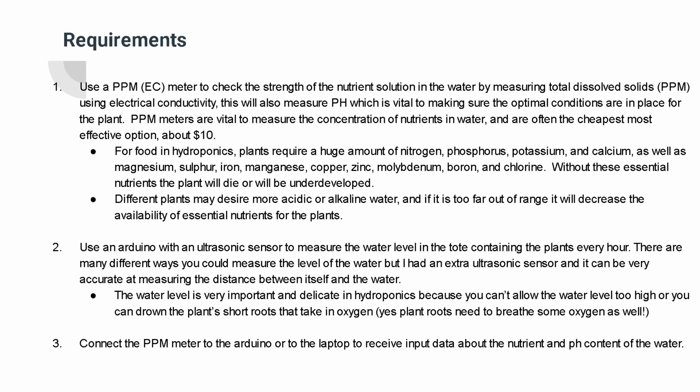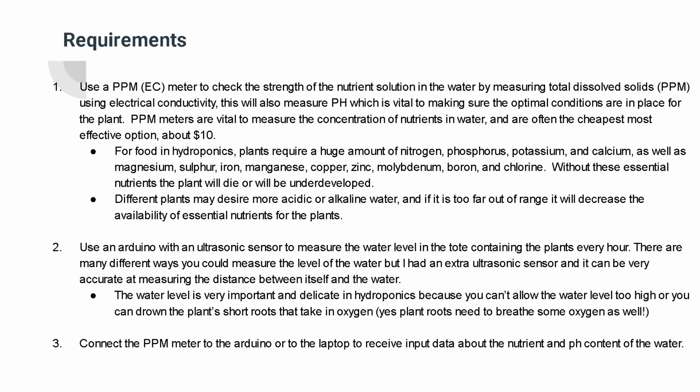So I listed my requirements. I'm going to use a parts per million electrical conductivity meter to check the strength of nutrient solution in the water by measuring total dissolved solids.